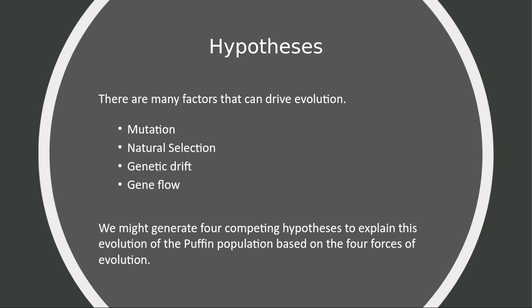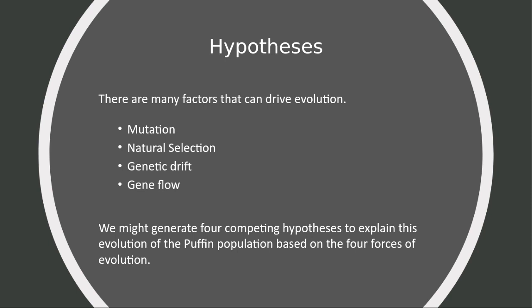And your chapter talks about all of these, and you should know the difference between these different forces of evolution. So if we were going to compare year 1 with year 3, we could generate 4 competing hypotheses to explain the evolution of this puffin population based on the 4 forces of evolution.